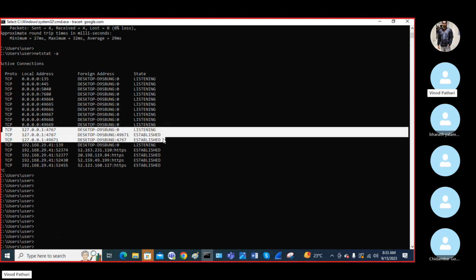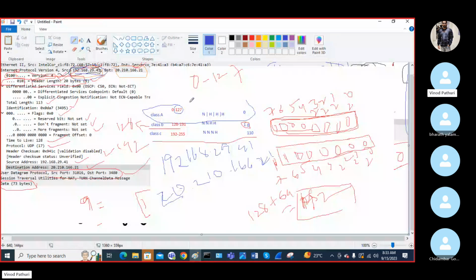We will never see it in real time, but your system will try to understand whether it is working properly or not on this 127 network. It is the same for everyone and every laptop. Internally it will work on 127. So if 127 is not used here, we can say class A is 0 to 126 only, right? 127 we will not use in general purpose.